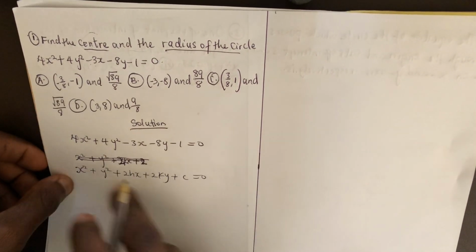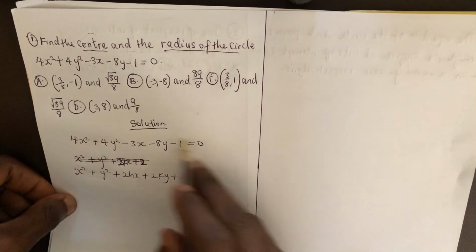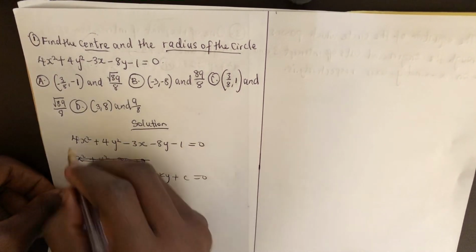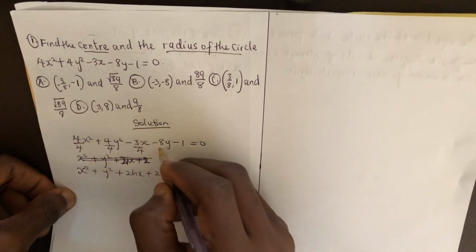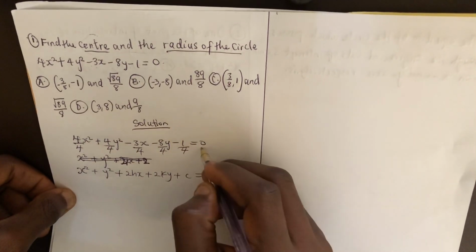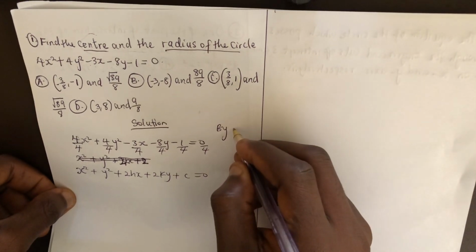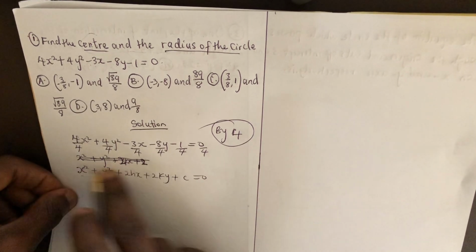This is the general equation, right? So in this case, you are going to make this equation look like the general equation by dividing all through by 4. The reason I'm dividing all through by 4 is because I want it to look exactly like this.